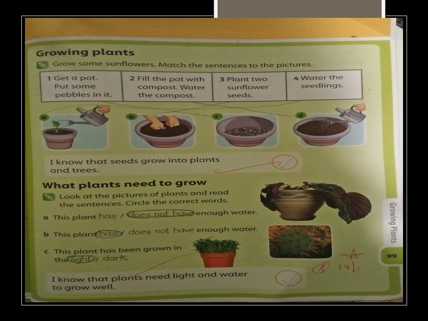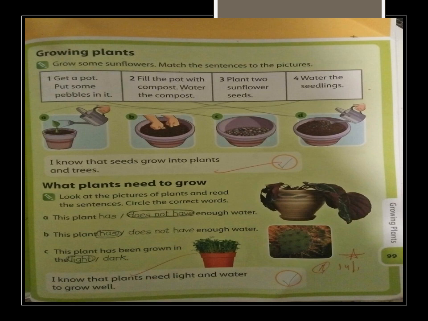Yes, this thing is very interesting. If we give proper water to the seeds and we look after them properly, then they can grow properly into large plants or trees. They need care.